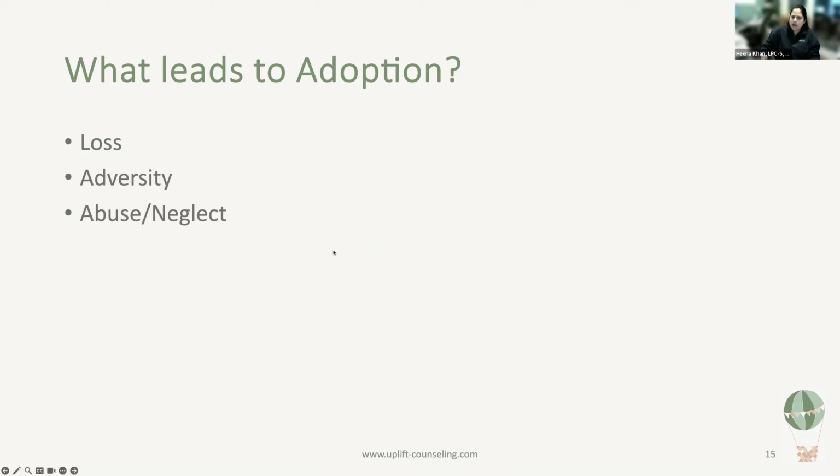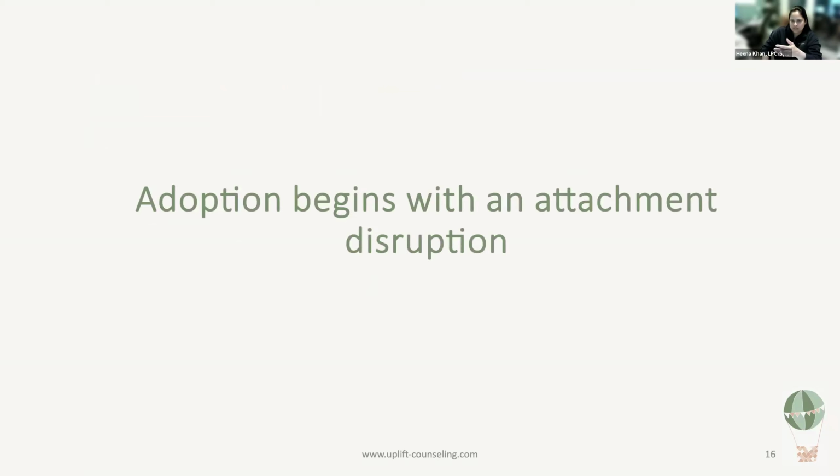Or there's loss of one or both parents, and the loss could be due to death, incarceration, or many other possibilities. So some form of adversity is what leads to adoption.